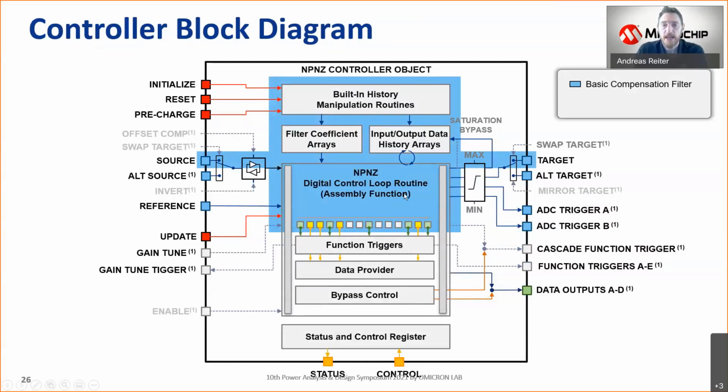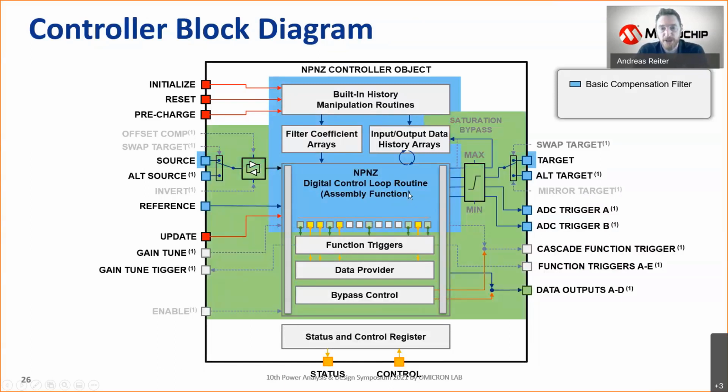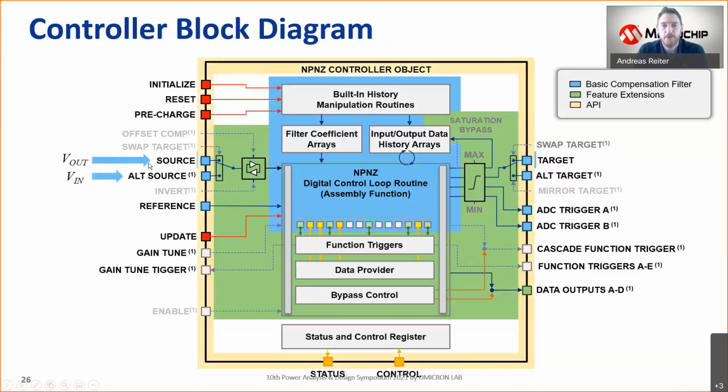And then we have some feature extensions, where we can feed more data in and select specific features we would like to use, like ADC and PWM trigger placement and so forth. In this particular example, we are using the source to feed in the output voltage and also the input voltage. Then on the other side of the black box, we get 2 duty cycles out.